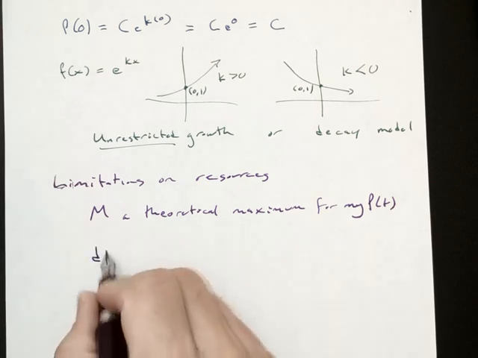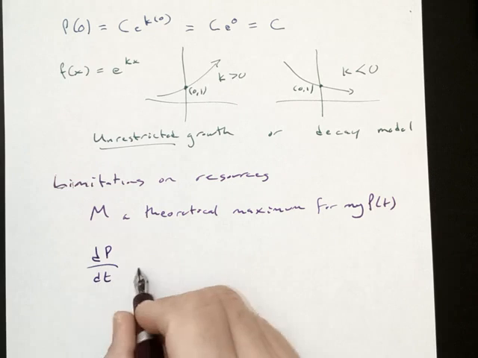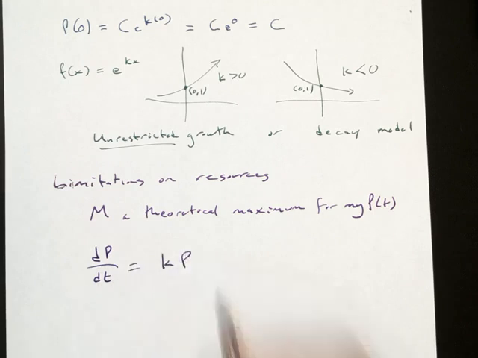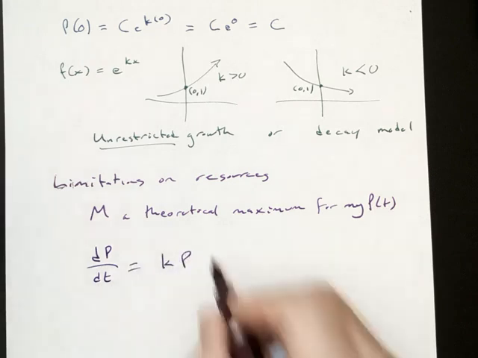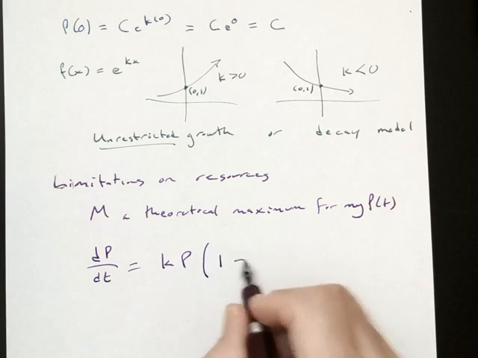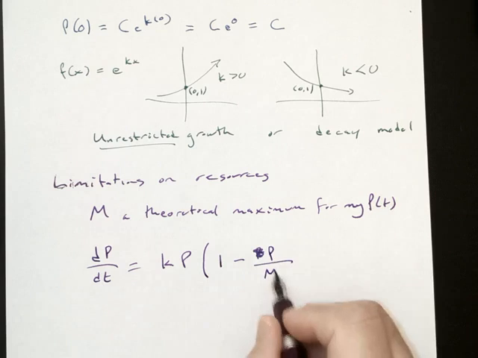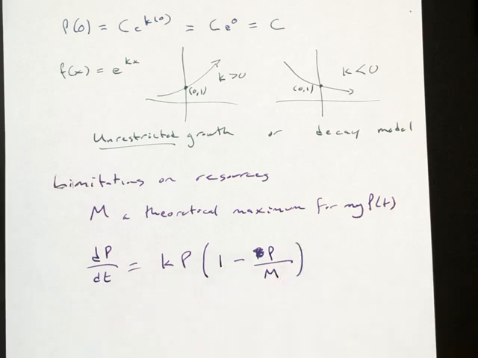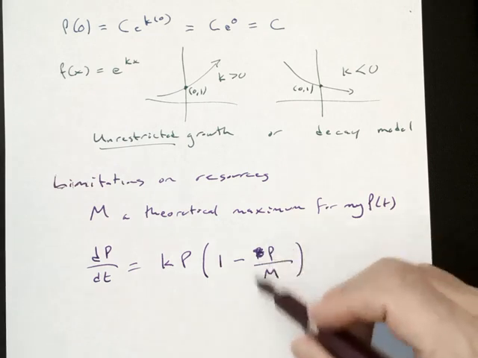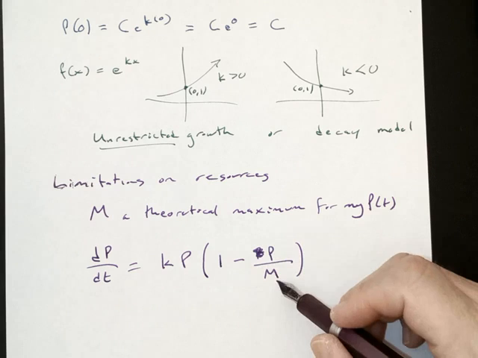Well, then I can say, let's not only have this kind of growth when my population is small, but let's also multiply in some factor that when p gets closer and closer to m, as p is close to m, this fraction is close to 1, right?